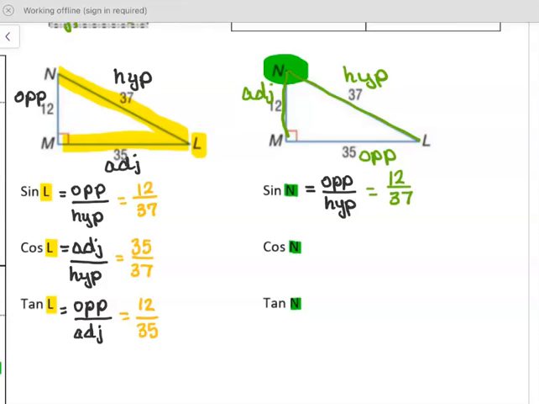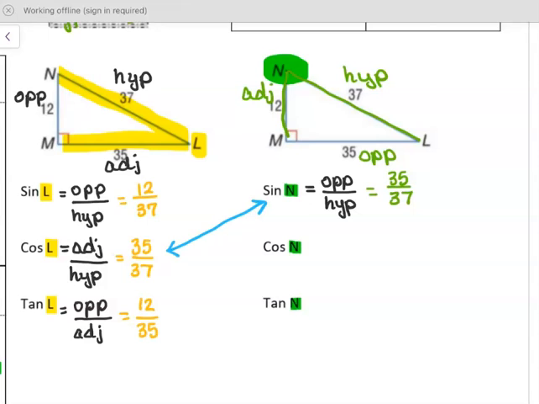What was our opposite? For this one, it was 35. So notice that because I changed the reference angle, it changed my fraction. You might notice that these two have the same fraction. Will that always happen?